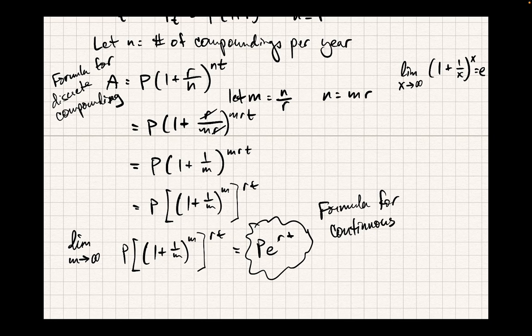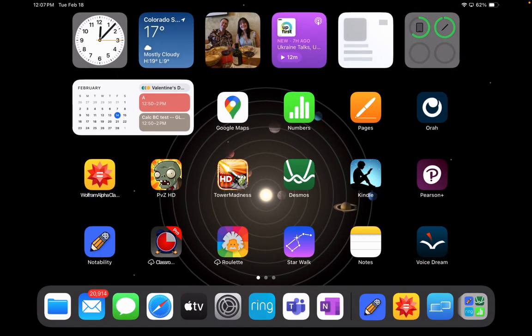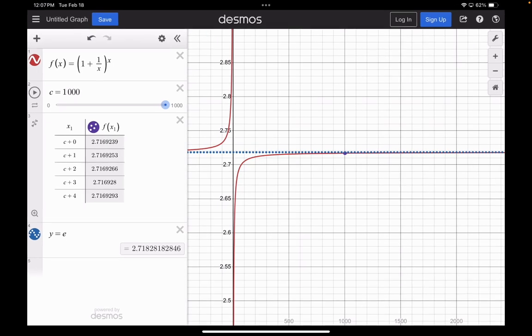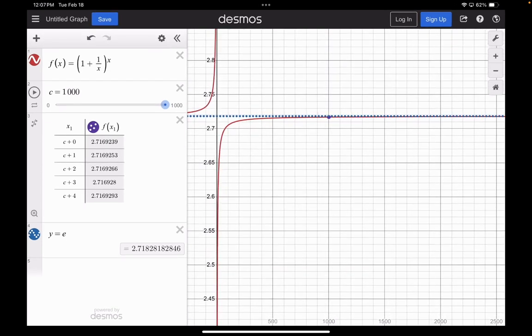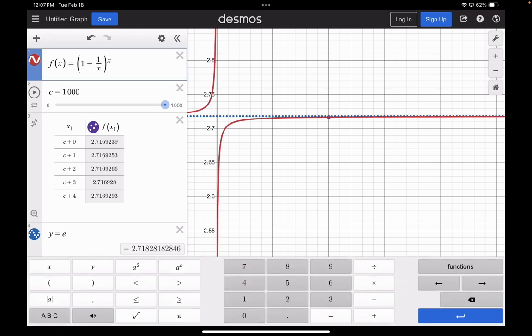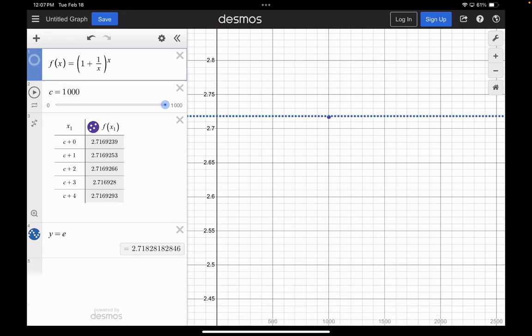So what's the formula for discrete compoundings again? This one. Okay. Why is it different? What's the difference between discrete and continuous? This is why it's different, because this function, in the limit as x grows without bound, approaches e.